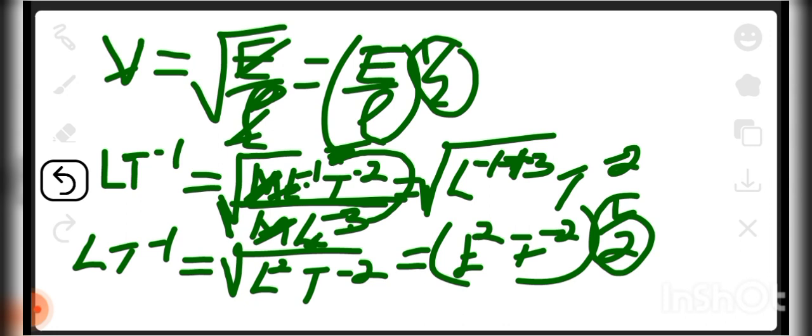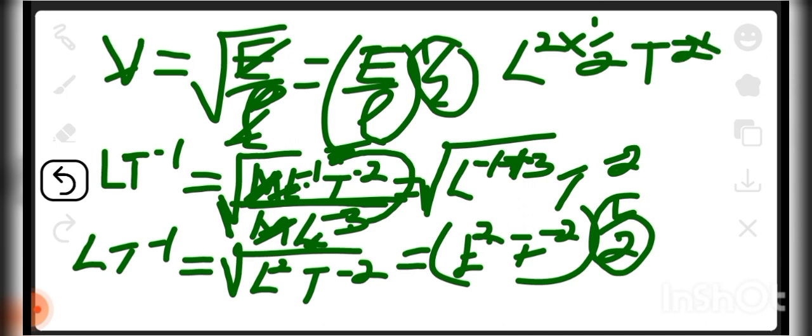It will be like this: the bracket will be L square, then raised power. L square raised power means you multiply the two powers, this power and this one, 1 over 2. Then T raised power minus 2 times 1 over 2. Just like that. So the 1 over 2 will cancel these two, and these two will cancel these two.